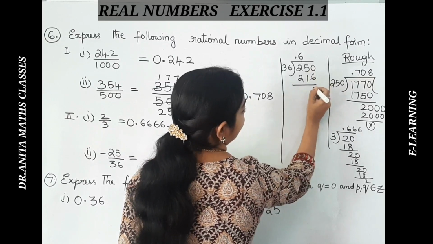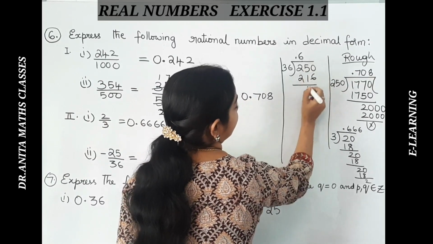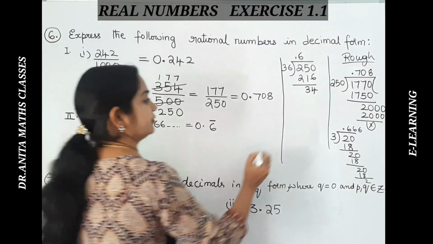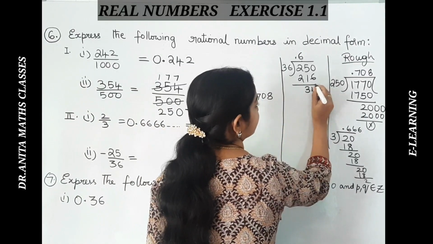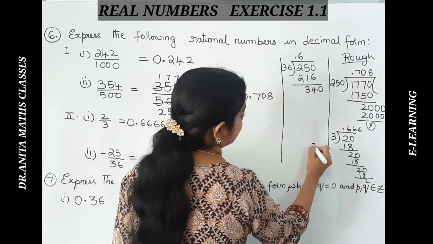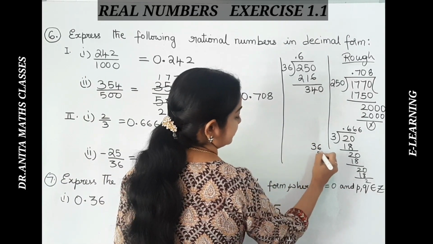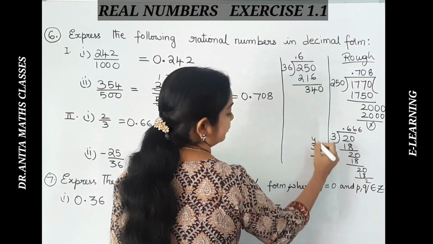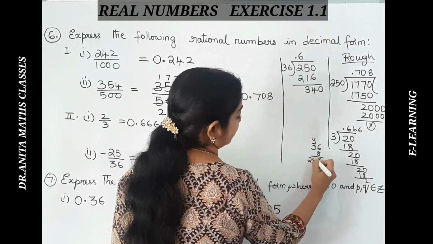So if you subtract, you get 4 here and this 30 here, 34, right? And again you have to take a 0. Now how many times does it go? We got it here, since 36 8s we got, 8 3s is 24 and 4 is 28.